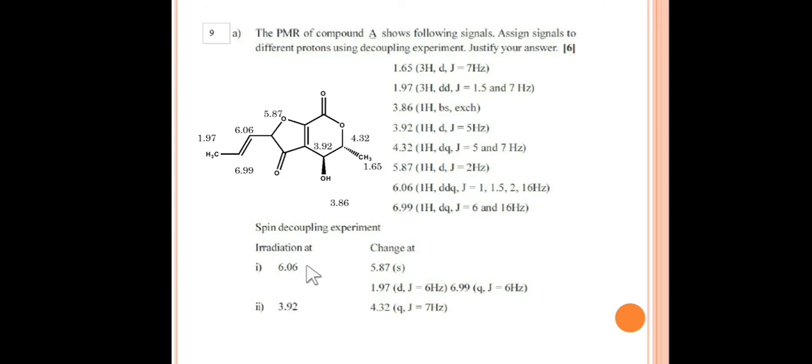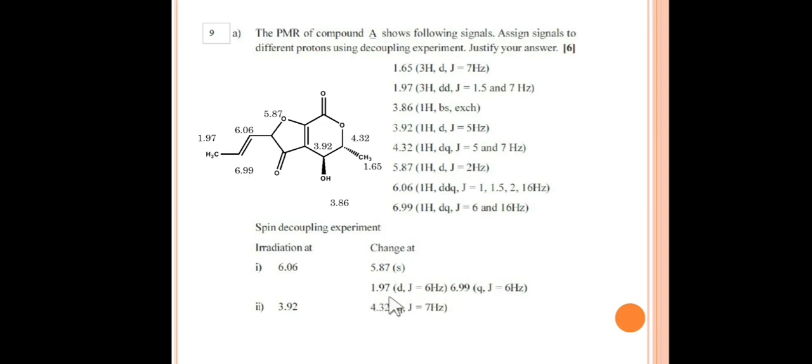What happens if we irradiate the proton at 6.06? It is associated with this proton and the methyl group. That means all three signals will be affected by irradiation of this proton. So let's see what the experiment suggests. The proton at 5.87, which was previously a doublet, now becomes a singlet, because its coupling partner is irradiated. 6.99 was previously a doublet of quartet, now it becomes only a quartet.